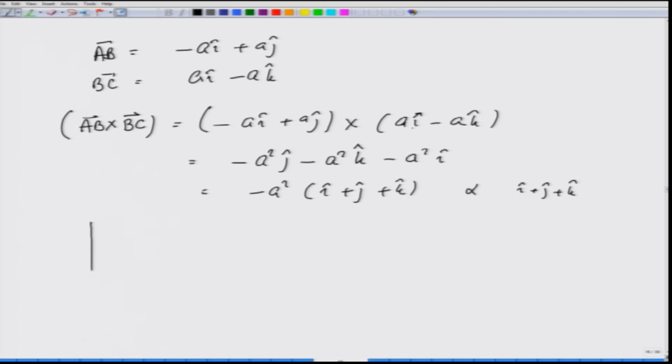And how about the vector in the diagonal direction? Let us see that. The diagonal direction is from the origin to this point. The coordinate of this point is a in each direction.